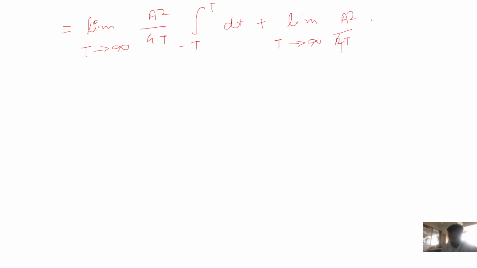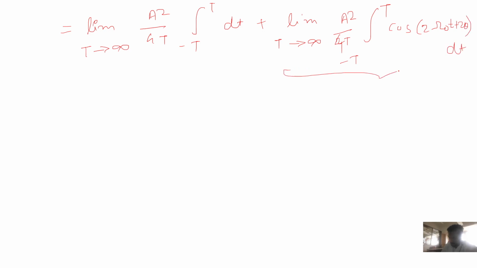Okay, if I separate this, it is going to be equal to the limit as T tends to infinity of A squared divided by 4T, integration from minus T to T of dt, plus the limit as T tends to infinity of A squared upon 4T, integration from minus T to T of cos(2 omega 0 t + 2 theta) dt.